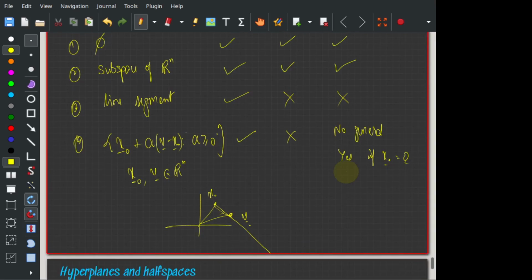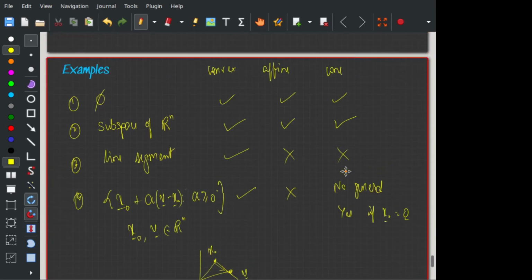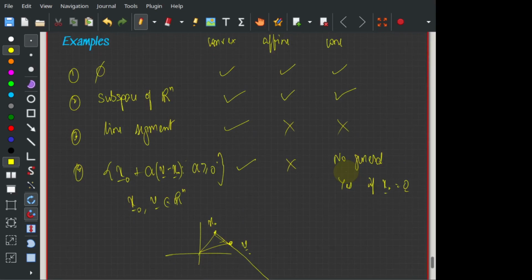Can it be an affine set? It can be in a certain special case, when v is equal to x naught. In that case you don't have a ray anymore. You essentially have just a single point.